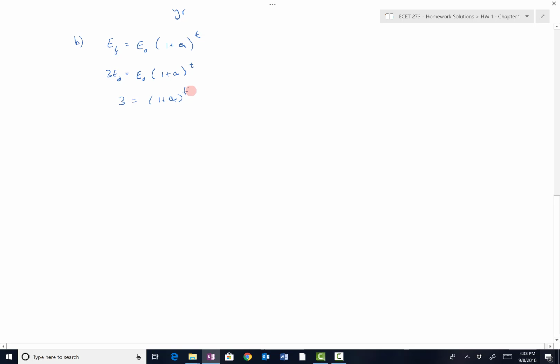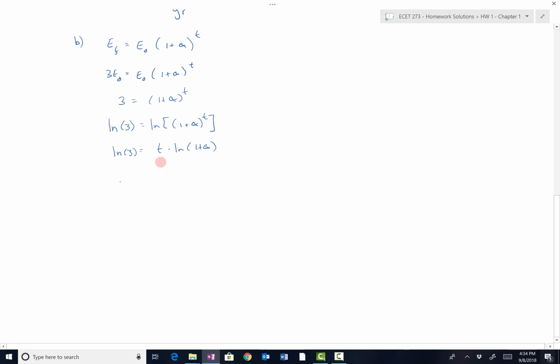I want to get to T. It's in an exponent, and I don't want it in an exponent, so I need to get it out of the exponent. The technique to do that is the natural log. So I'll take the natural log of 3, and that's equal to the natural log of (1 plus alpha) to the T. We know the property of a natural log is that it pulls the exponent down as a multiplier in front, so the natural log of 3 is equal to T times the natural log of 1 plus alpha.